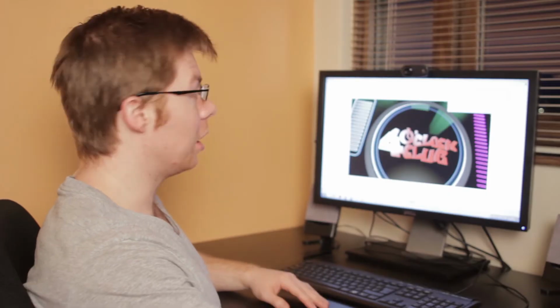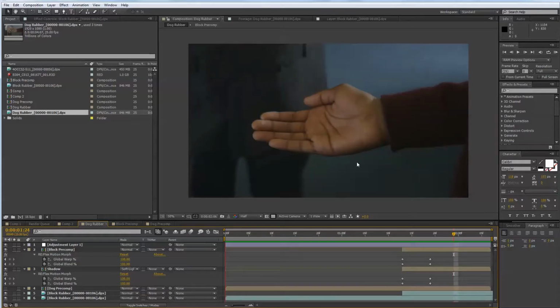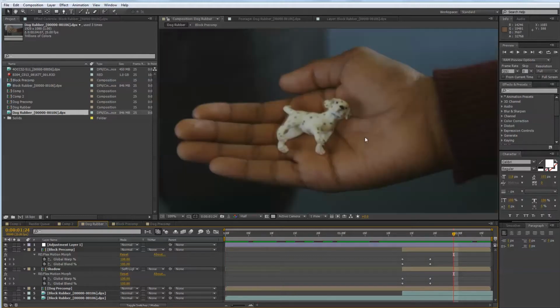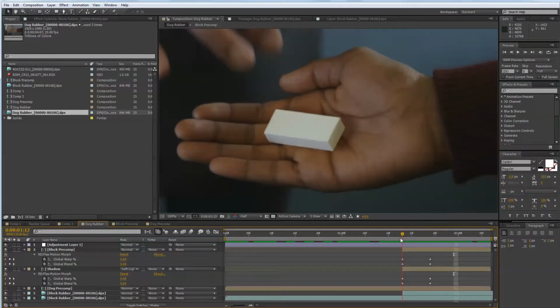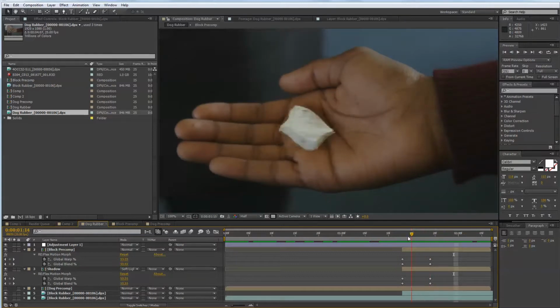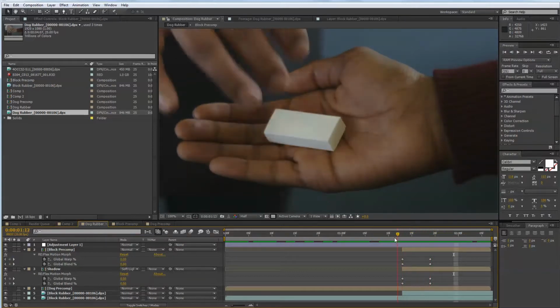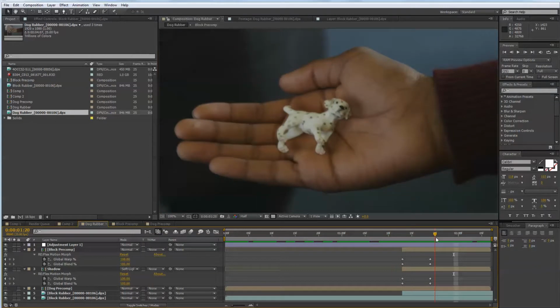Okay, first of all, the rectangular rubber turns into a dog. The cool thing about this is that the shadow morphs as well. If it was a real object, then the shadow wouldn't morph.